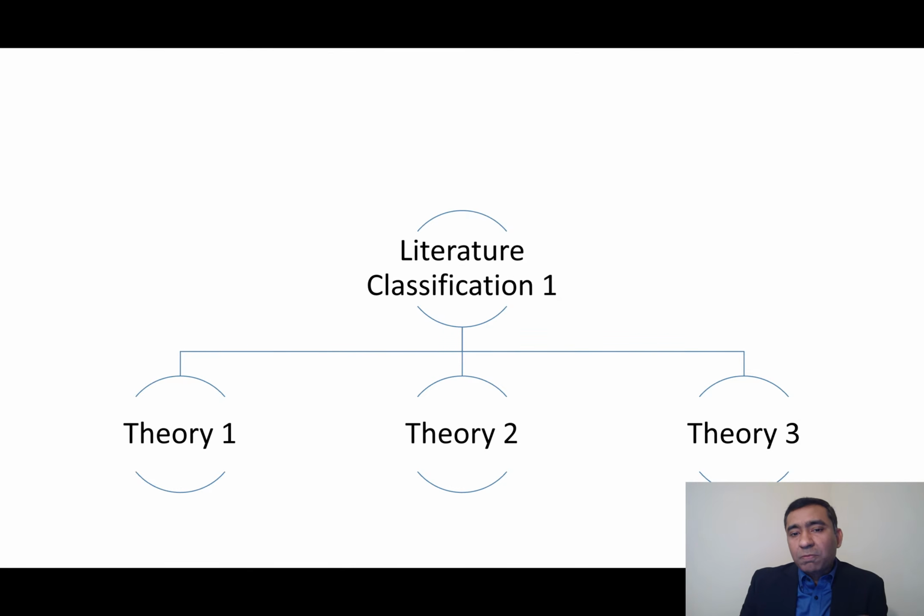Now working within the literature classification is a little bit tricky, and this is where a lot of work is consumed, and researchers have some difficulties in working within the literature classification, because we have many studies in one cluster, for example 25 or 20 research articles.